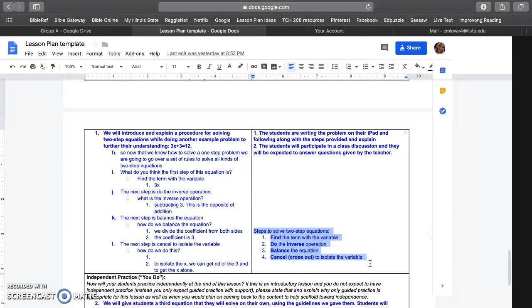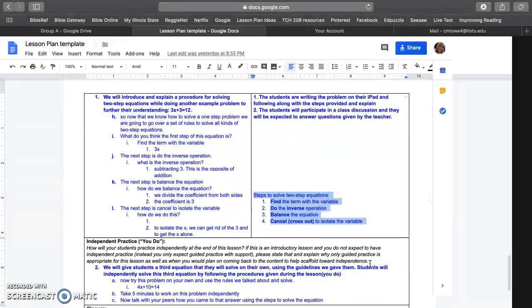With this part, we want to be doing this with the class and having them explain the steps for doing the 2-step equation and why we're doing that. It's going to be more of a class discussion so that we're both doing it together, me and the students. And also, again, we want to focus in on Savannah paying attention, trying to have her contribute to the discussion.